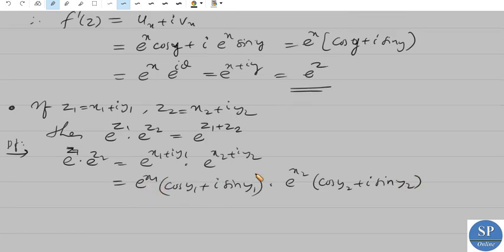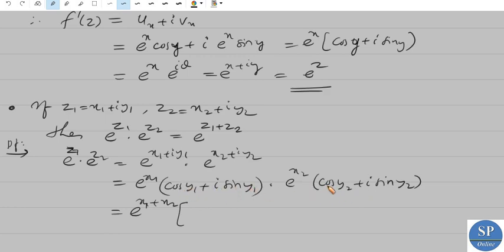Now we can just multiply e power x1 and e power x2, which is e power x1 plus x2, because x1 and x2 are real variables, into cos y1 plus I sin y1 into cos y2 plus I sin y2. So we are multiplying these two factors.